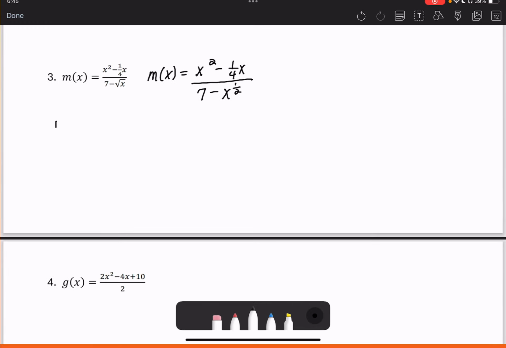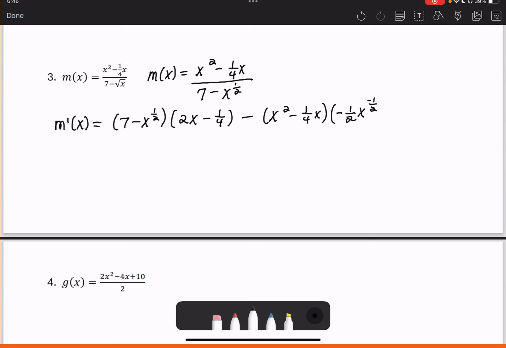So m prime of x, so low 7 minus x to the 1/2, okay, times d high, which is going to be 2x minus 1/4, minus high x squared minus 1/4 x times d low, and that's going to be minus 1/2 or negative 1/2 x to the negative 1/2.